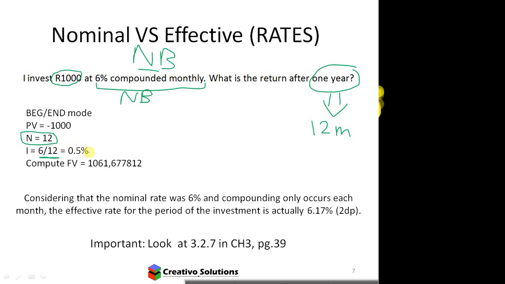It's 0.5%, and now this is per month. So do I have 12 months with months? Yes. 12 months with 0.5% per month. Does that make sense? Yes. 6 divided by 12 is 0.5% per month.